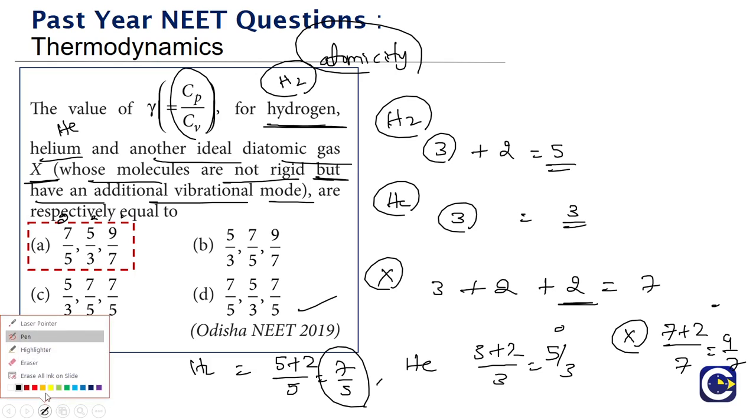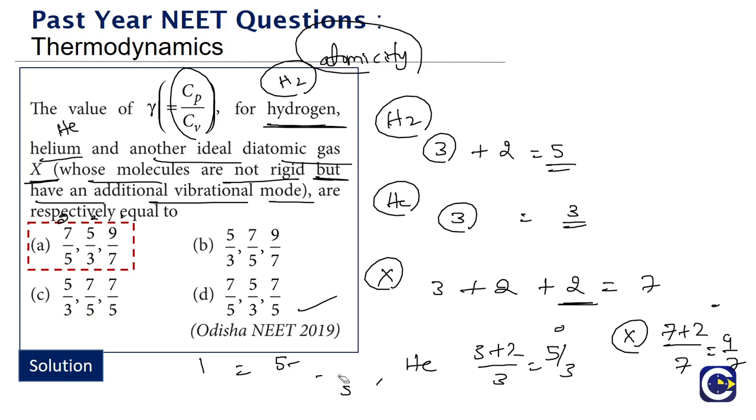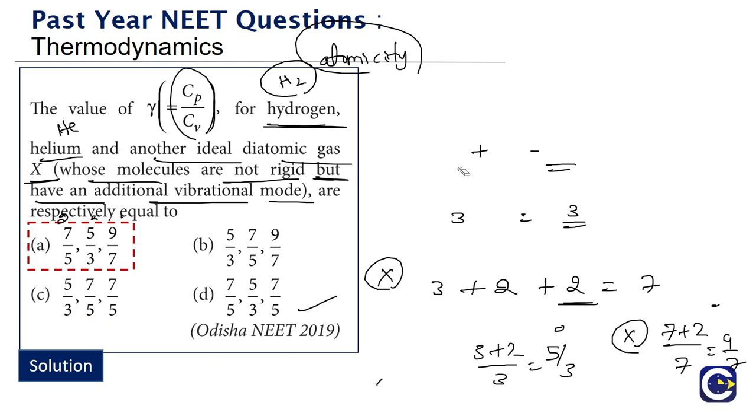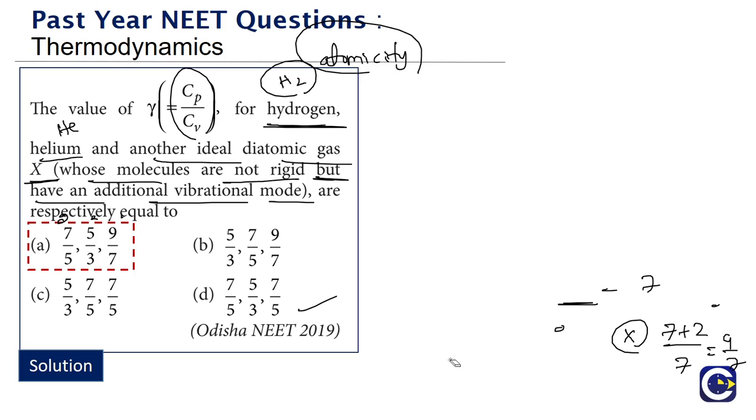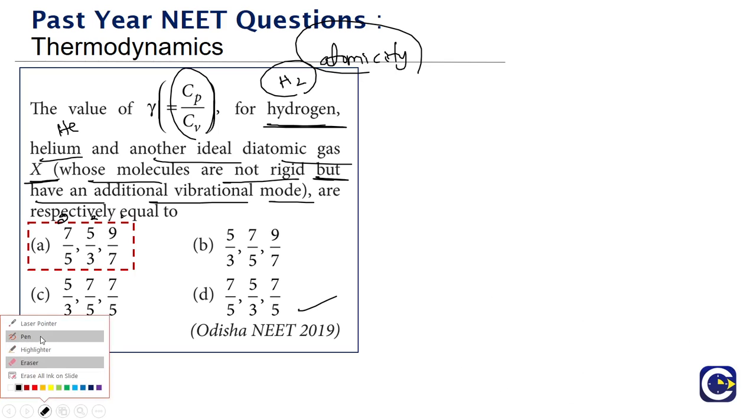Now from these gamma values, because we already have one more relation between Cp and Cv, that is Cp minus Cv is equal to R, and gamma is Cp by Cv, we can calculate the respective Cp and Cv values.